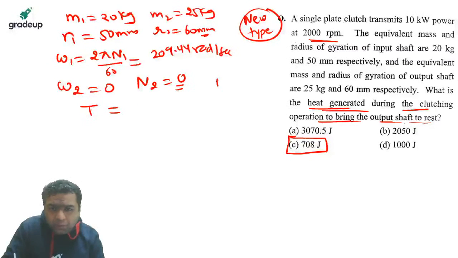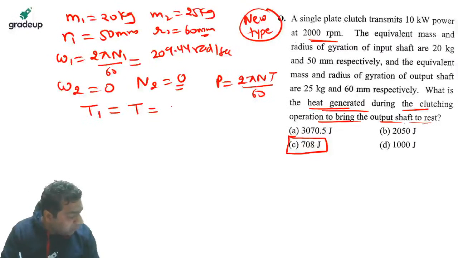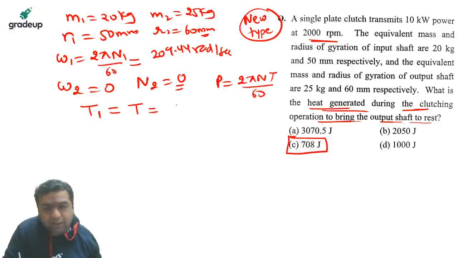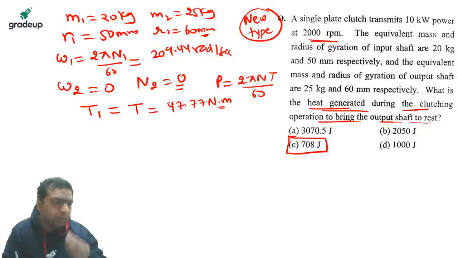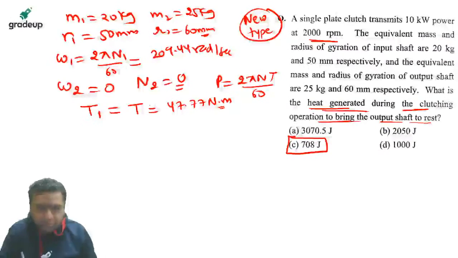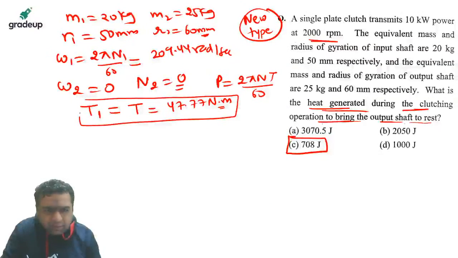Torque comes from the power formula 2 pi NT by 60. From here you will get T, because T1 and T2 you assume to be the same since no loss is given. You will get the value to be 47.77 Newton meter. 47.77 Newton meter will be the torque.